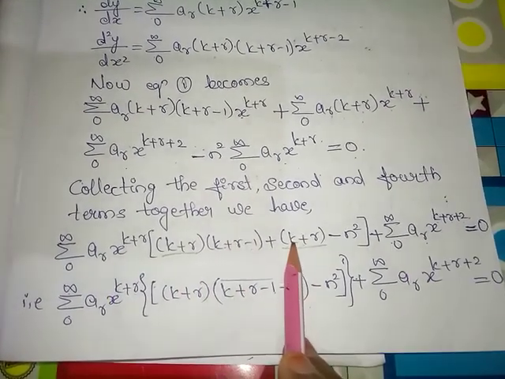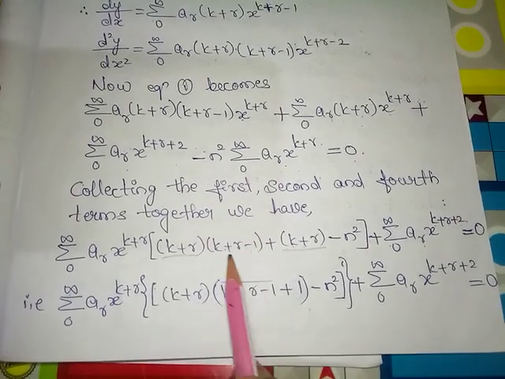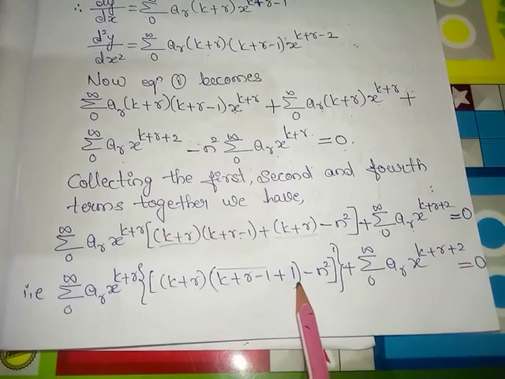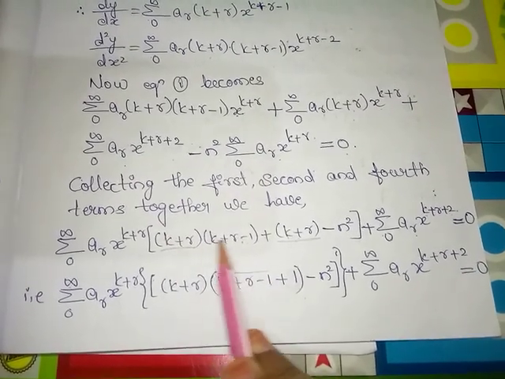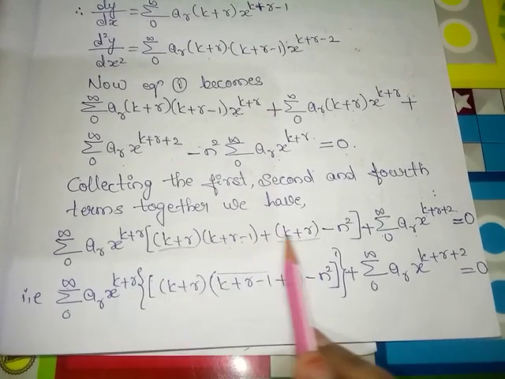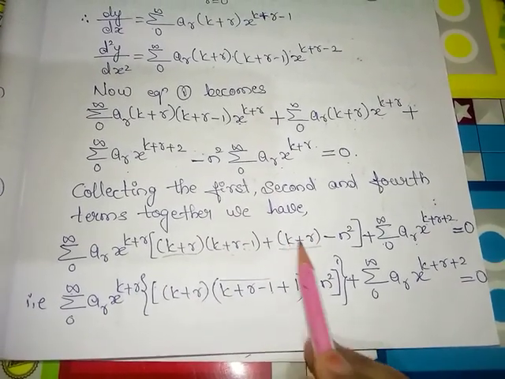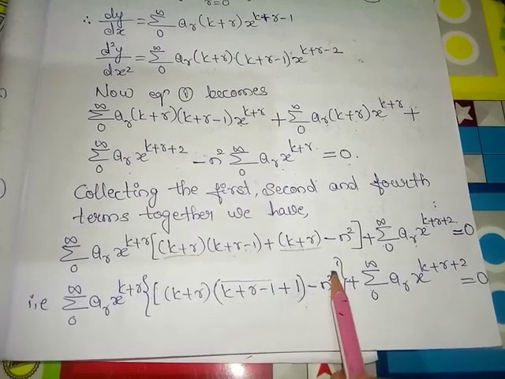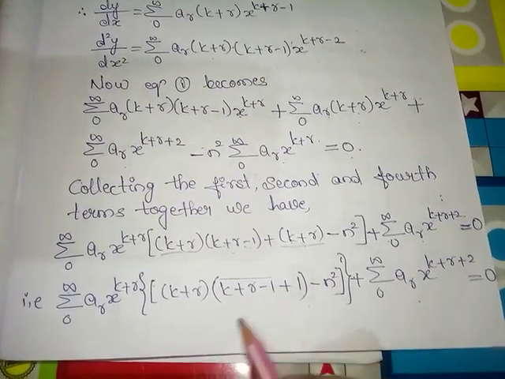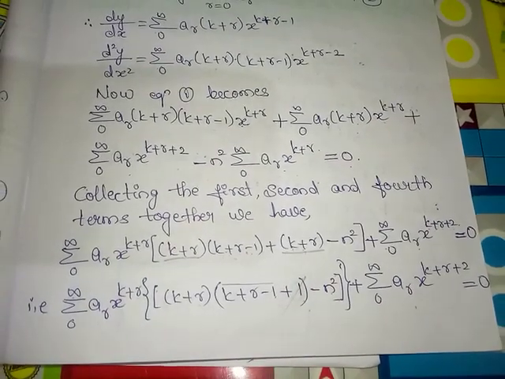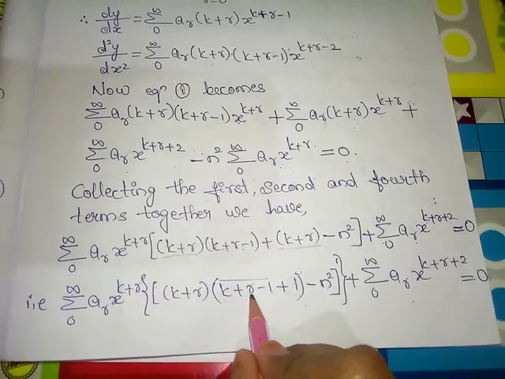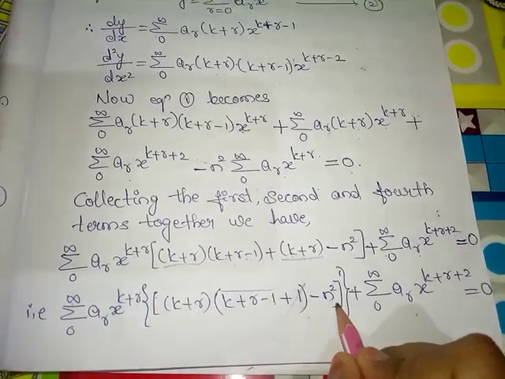Taking k plus r common, the remaining is k plus r minus 1, and this is plus 1, and the remaining from the last term is minus n square. The last term is as it is. When we solve this, the minus 1 plus 1 get cancelled. The remaining is only k plus r into k plus r minus n square.